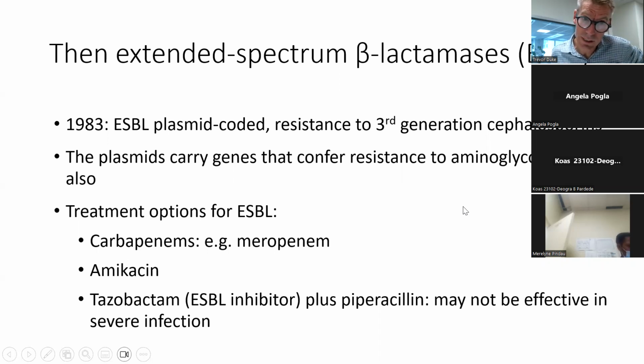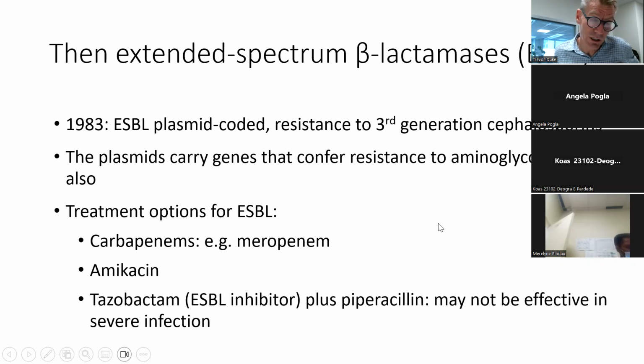But these ESBL producing organisms are mostly the enteric gram-negatives like Klebsiella, Enterobacter, sometimes E. coli. But they're mostly hospital-acquired infections. There's not too many ESBL producing community-acquired infections, but there are some.